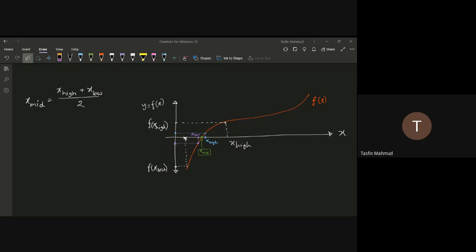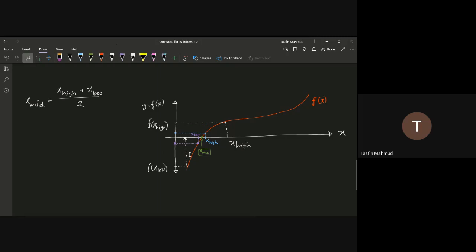So here we should have a tolerance value once again, which is how close we will go to the root. How close we will approach the root.